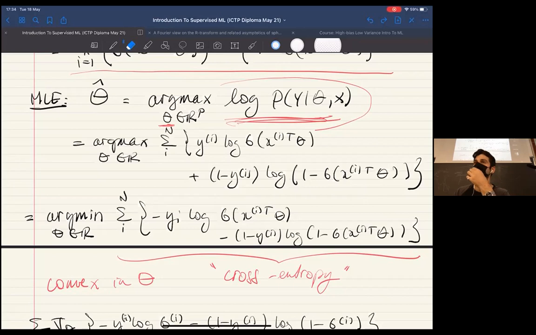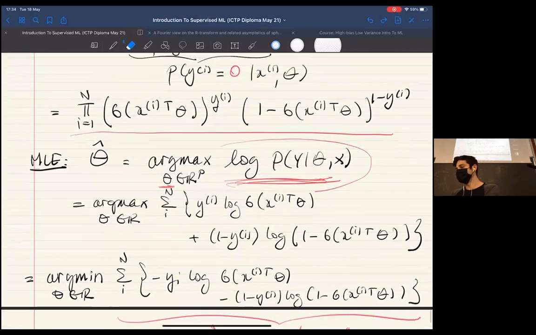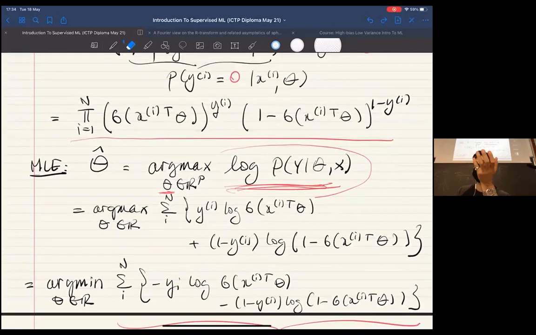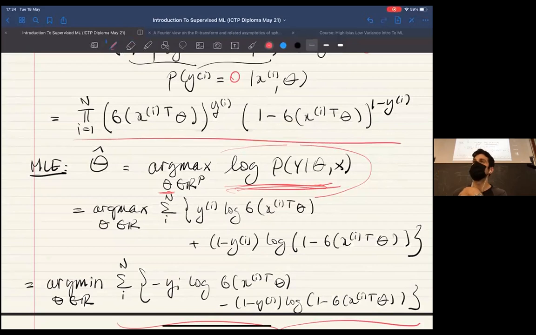Okay, we spent some time to discuss this. So here I'm just doing the same, but my likelihood is not a Gaussian anymore. My likelihood is this logistic model here.